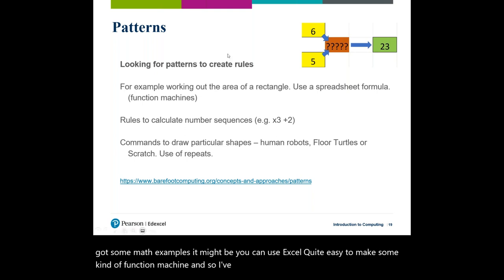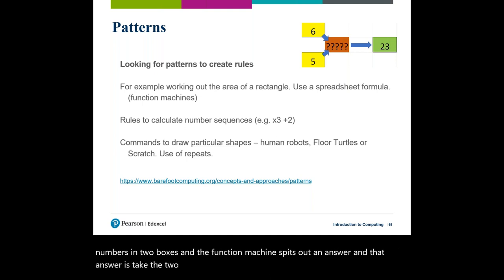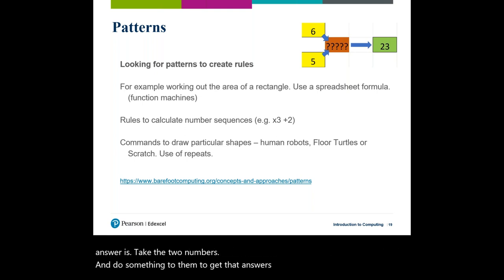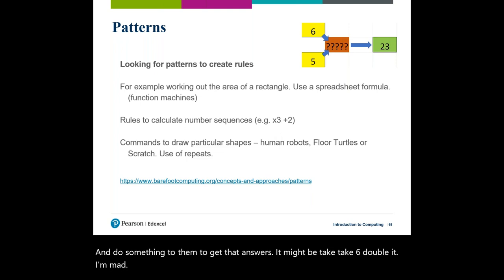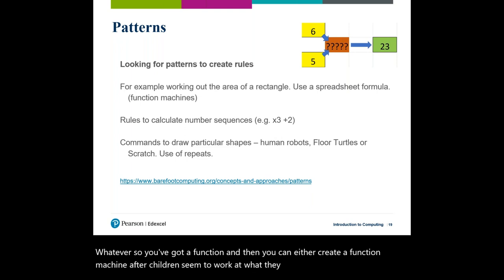You might enter 2 numbers into 2 boxes, and the function machine spits out an answer. And that answer is: take the 2 numbers and do something to them to get that answer. So it might be take 6, double it, and add the bottom number, or whatever. So you've got a function, and then you can either create a function machine for children to work out what they think the function is, or they can create something themselves.